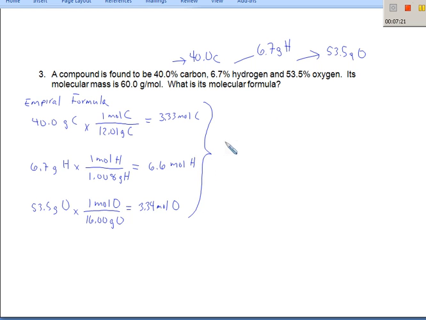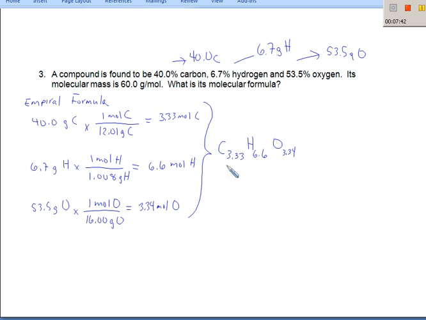So we have carbon, 3.33, hydrogen, 6.6, oxygen, 3.34. So we have 3.33 carbons for every 6.6 hydrogens for every 3.34 oxygens. We need to get these into whole numbers. We're going to divide by the smallest.